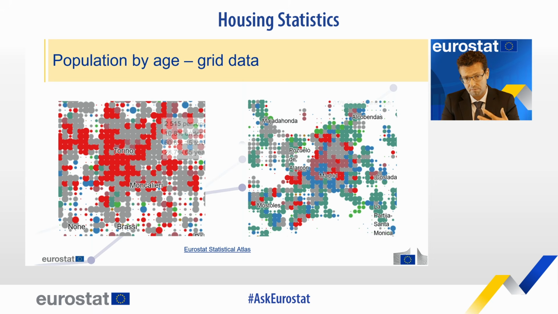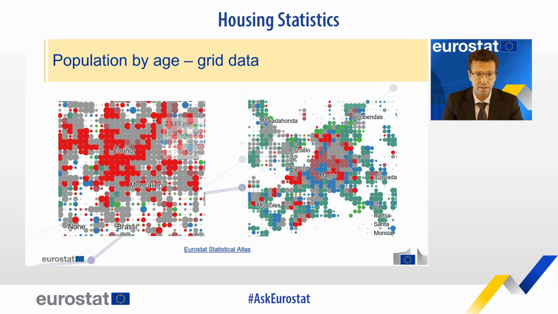Gray means a balanced situation according to the age groups. Blue would mean that persons of working age are overrepresented in that grid, while the green grids mean that the younger age groups under 15 years old are overrepresented.